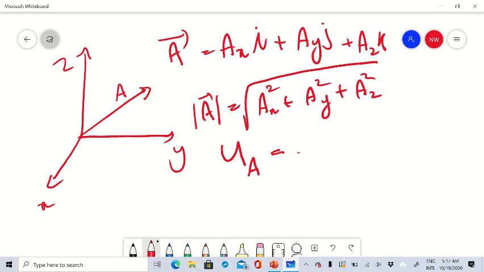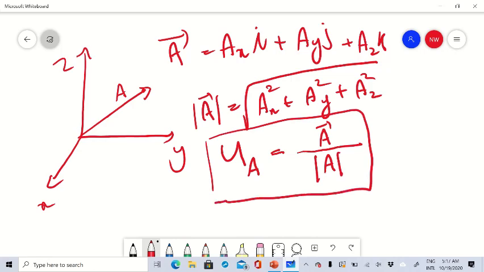So then if the vector a is divided by its magnitude, then we say it is the unit vector in a direction. If any vector is divided by its magnitude, we call it the unit vector in the direction of that vector.